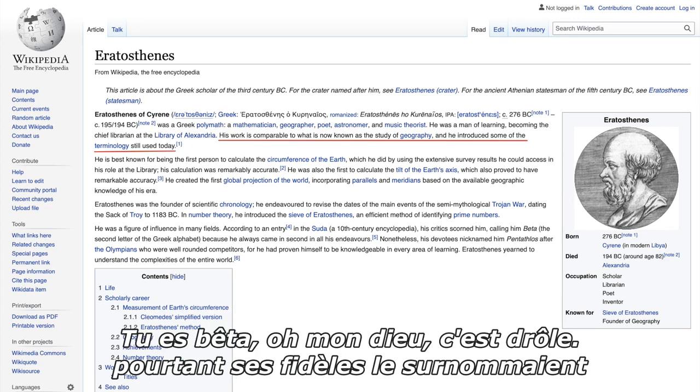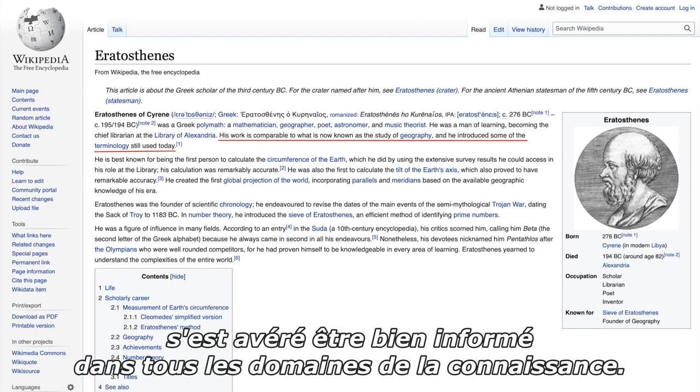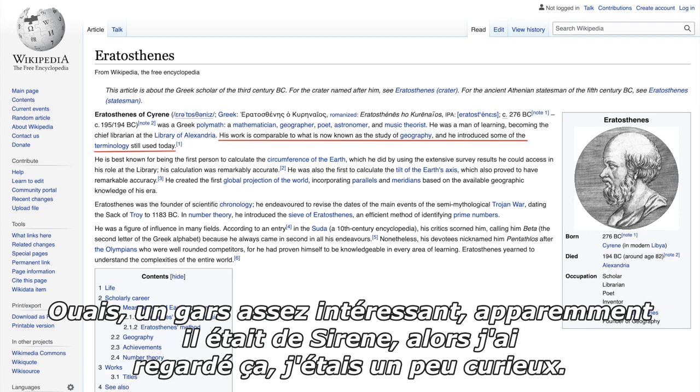You Beta. Oh my God, that's funny. Nonetheless, his devotees nicknamed him Pentathlon, after the Olympians, who were well-rounded competitors, for he had proven himself to be knowledgeable in every area of learning. Yeah, quite an interesting fellow.